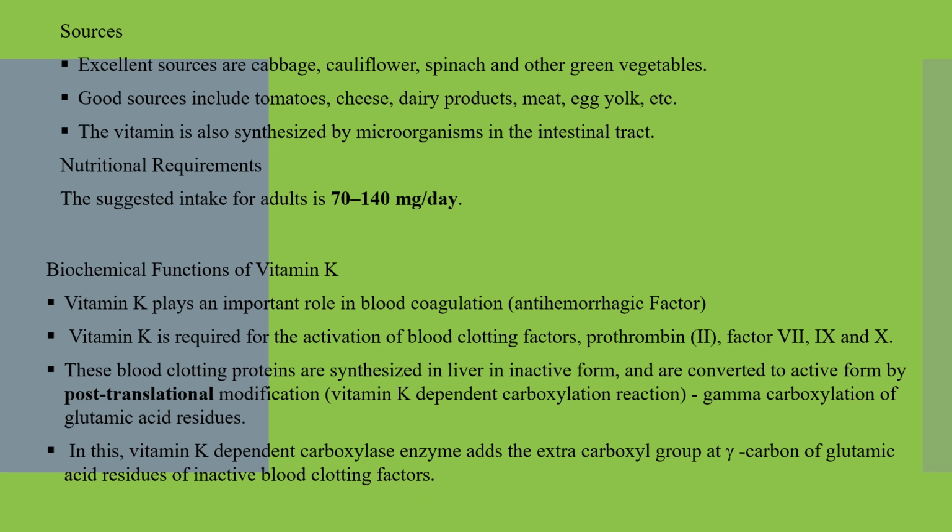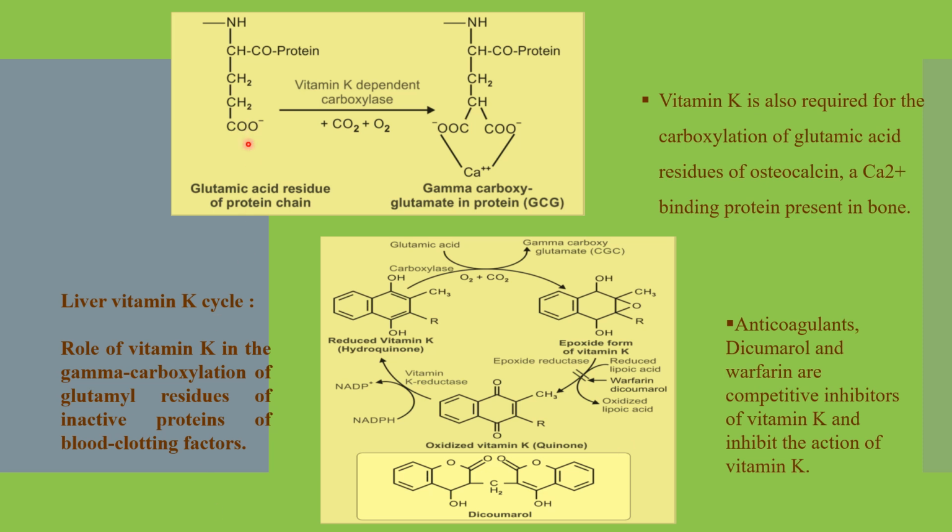So we'll see in the next slide how the activation happens. This conversion happens in the glutamic acid residues of the clotting protein. This glutamic acid is a component of the clotting protein, and vitamin K dependent carboxylase, which is abundantly present in the liver, in the presence of carbon dioxide and oxygen, converts it into gamma carboxyglutamate in the protein.